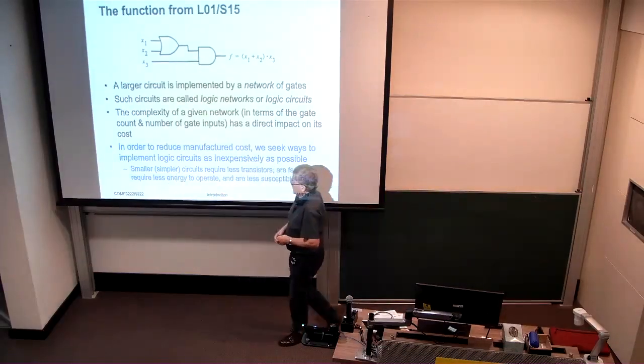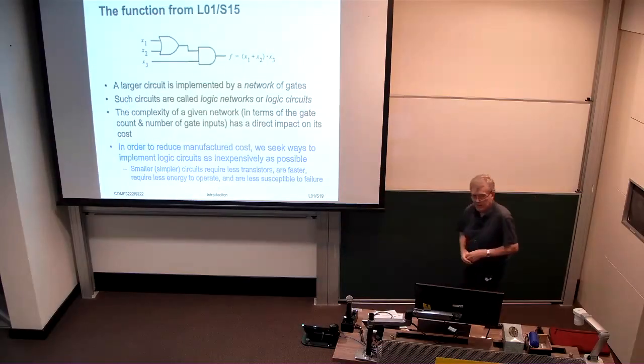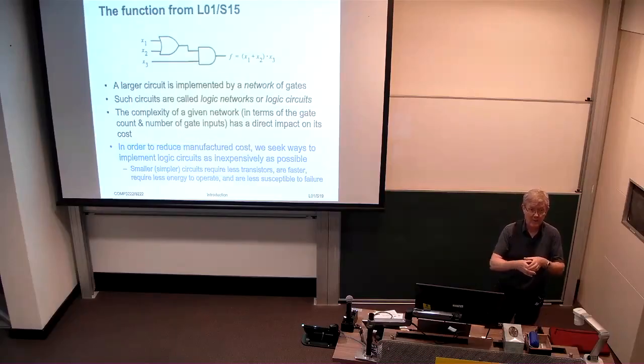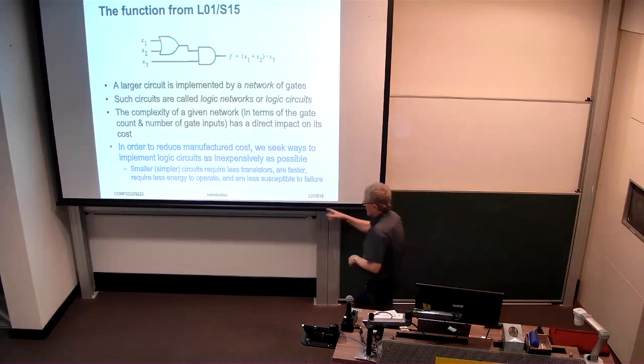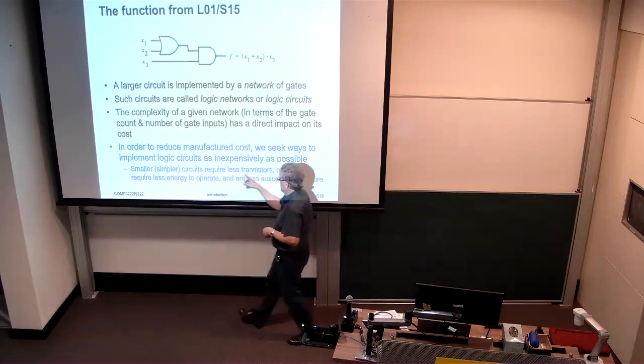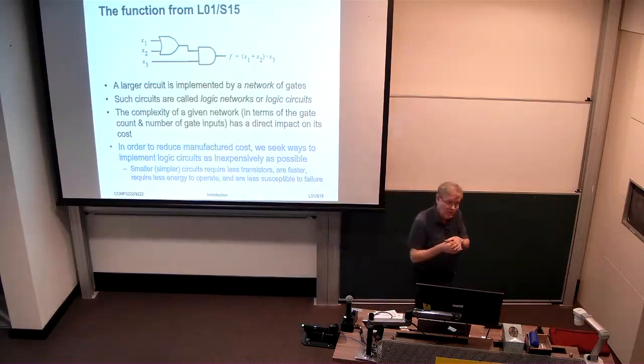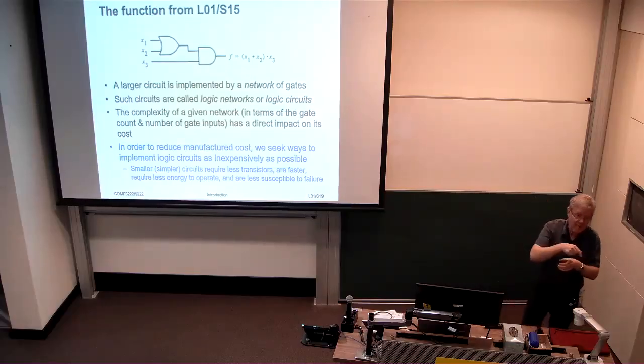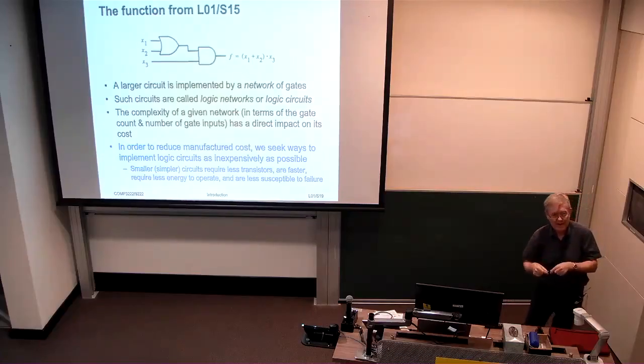Smaller, simpler circuits require fewer transistors, so less silicon area, ultimately, which means less chance of a fault or a flaw in that silicon, and therefore a higher yield as far as your silicon is concerned. So that's really important, fewer transistors. And because you've got fewer transistors and the circuit area is smaller, distances are smaller, so the circuit operates more quickly.